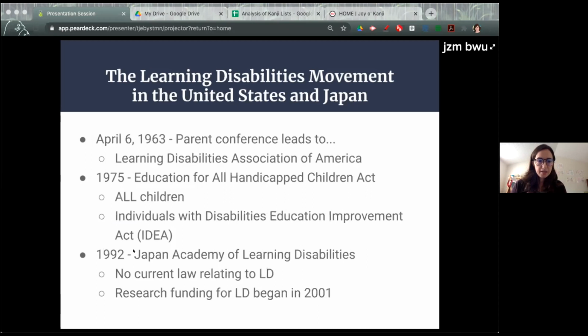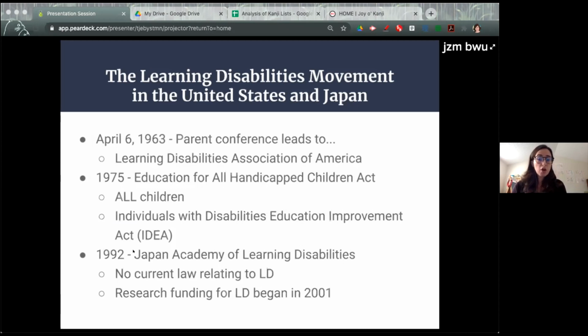In Japan, the parallel organization, the Japan Academy of Learning Disabilities, first held a meeting in 1992. There's ongoing research in Japan about how to support students within the Japanese educational system, but there's not currently a law that specifically relates to supporting students with learning disabilities there.